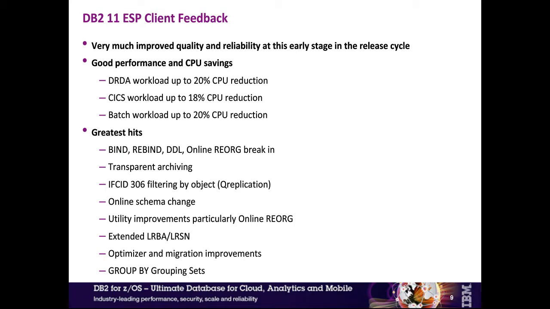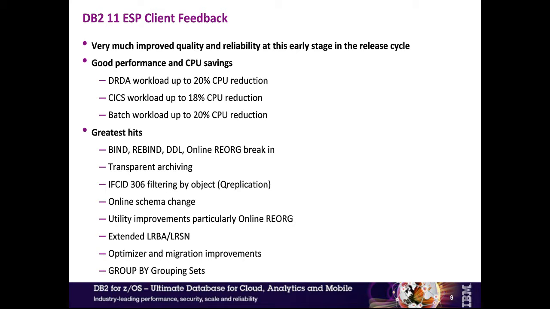And we saw healthy double-digit CPU reductions across DRDA, CICS, and batch workloads. On the second half of this chart are what I call the greatest hits of version 11. These were functions and features where customers spent most of their time during the early support program evaluating. And these same functions and features are also the things that are driving people to early migrations to version 11.